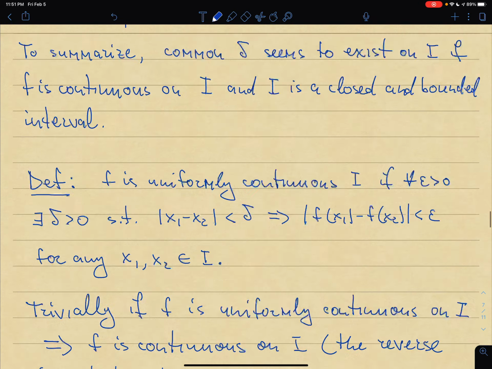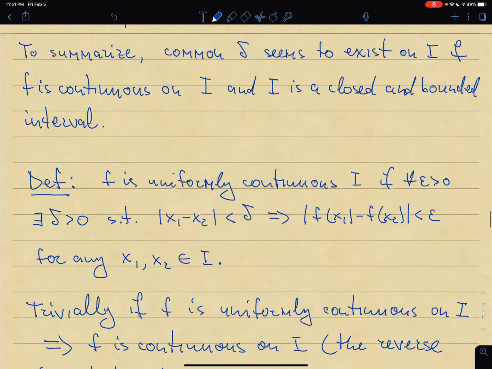Let's consider any sequence on the x-axis that converges to 0. For example, let's make xn equal to 1 over n.